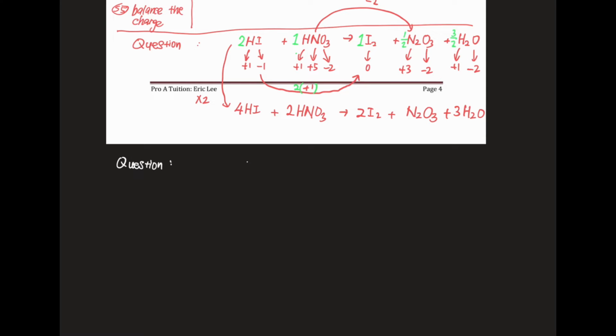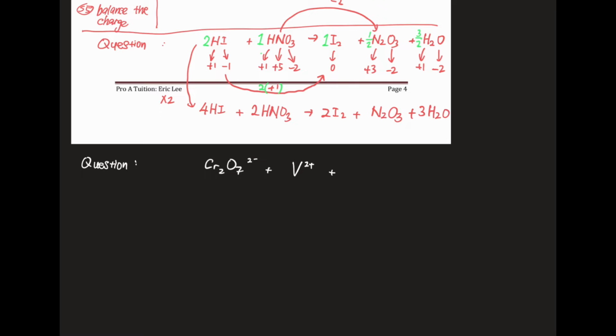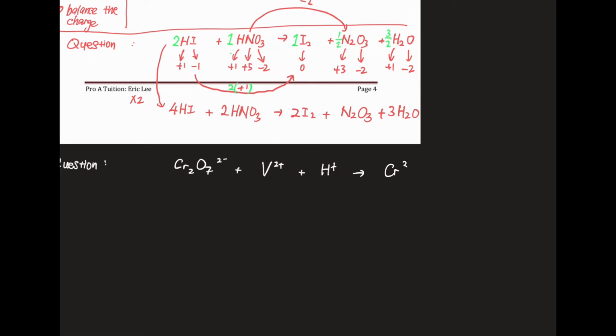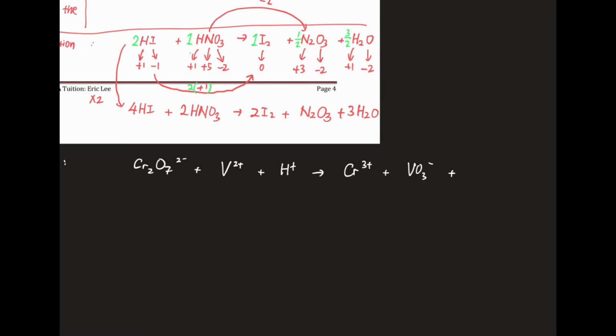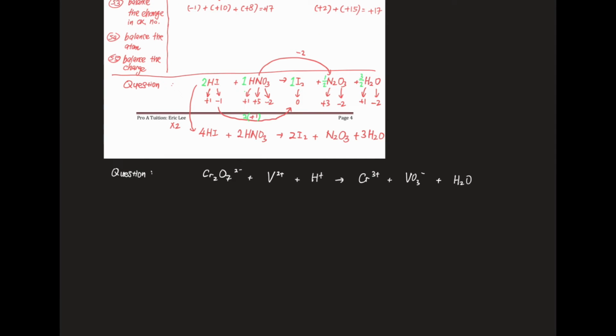So let's say Cr2O7 2 minus plus V2 plus plus H plus, then they form Cr3 plus, VO3 minus plus H2O. So you have to balance this equation. You take a try first.